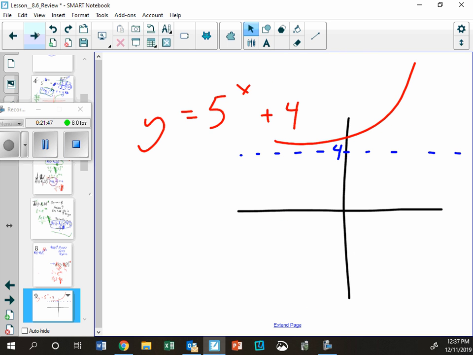All right, this is portraying a picture of an exponential. What is its domain and range? What did you get for a domain and range of this function?